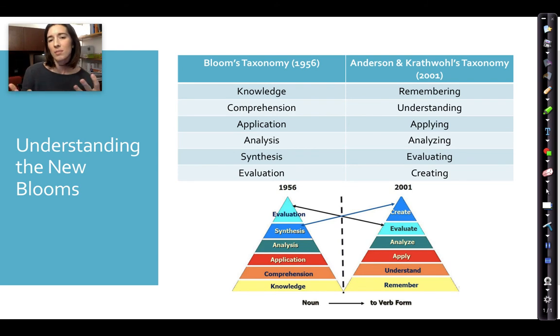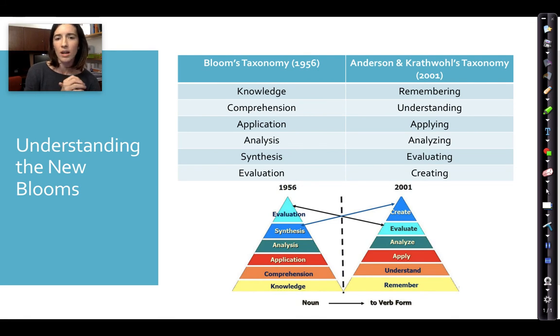Bloom's taxonomy is often considered in terms of nouns. Anderson and Krathwohl's new Bloom's taxonomy is considered more in verbs. So maybe that's helpful. I'm going to argue that we are often continually evaluating. You may evaluate before you create something, and probably after you create something, you're also still evaluating it. So there's a little bit of a cycle there.